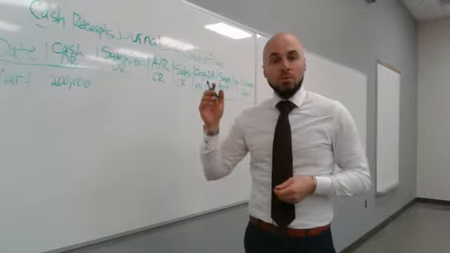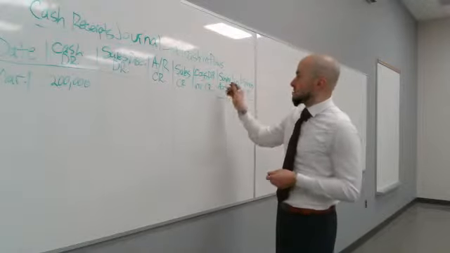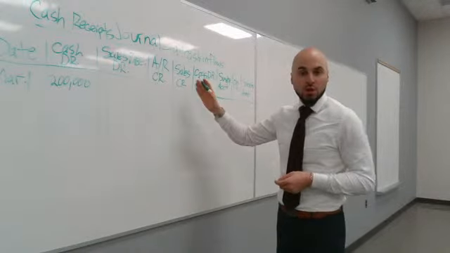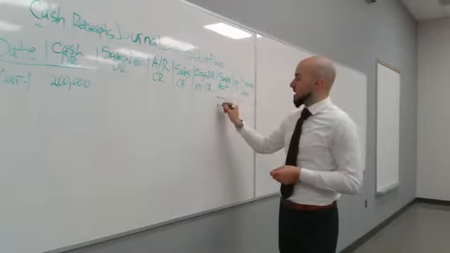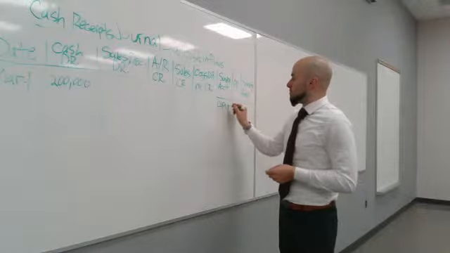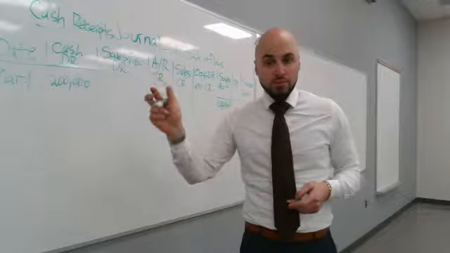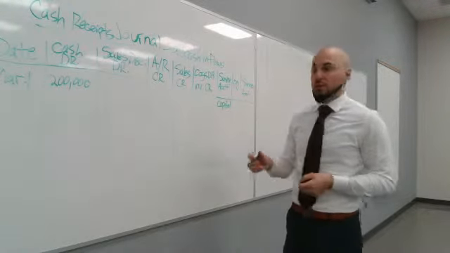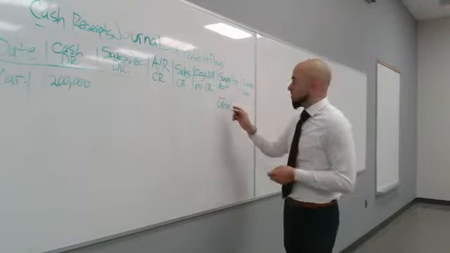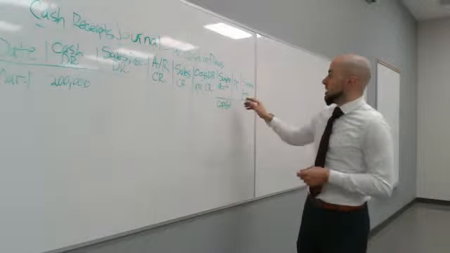Since capital doesn't have its own column, we will say here that capital is the sundry account, because it doesn't have its own column. Specify it here.